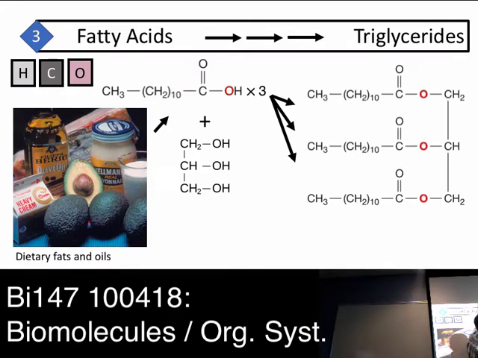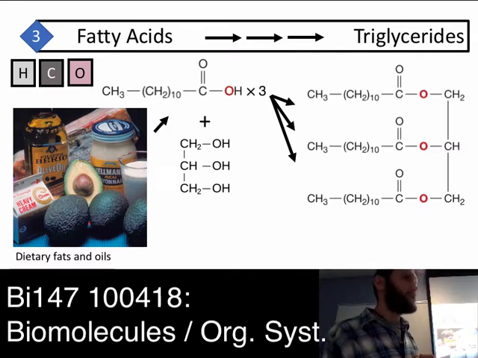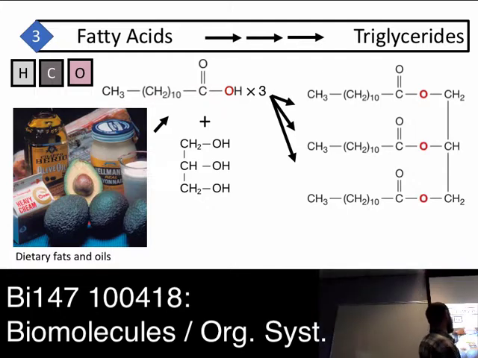And it's an acid because this hydrogen is willing to jump ship. So this is the acid part of the fatty acid, the fat part. Basically just a long carbon chain of repeating CH2 units attached to subsequent CH2 units, ending in CH3.